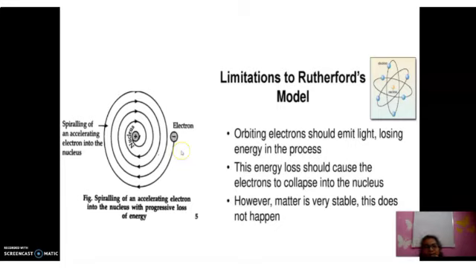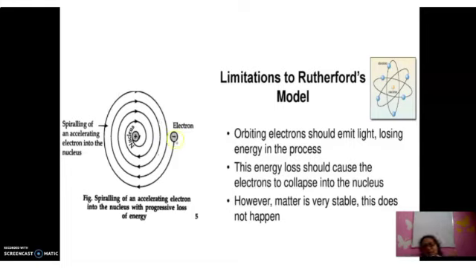Here he said that electrons are revolving around the nucleus. We know if we run very fast, after some time we will fall. So he said electrons are revolving continuously around the atom. If any substance is revolving continuously, what will happen? It will lose its energy, isn't it? If we walk or run, after some time we will lose our energy and fall.